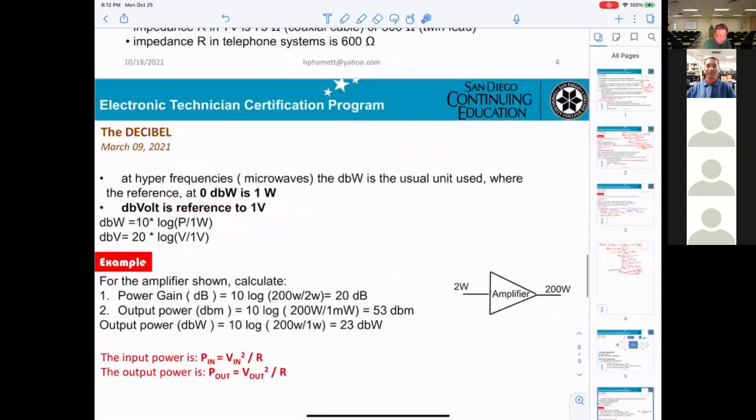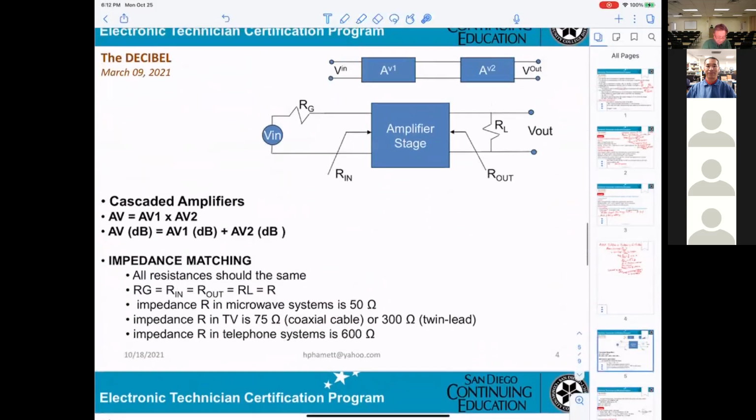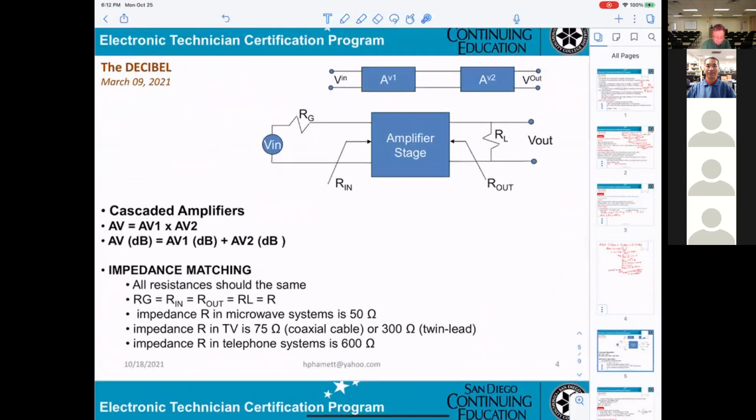Mr. Pham, hold on. Before, the one where you add and the one where you multiply, can you repeat that again? AV1, AV2. Okay, so AV1 you get 3, just numerical, and AV2 will be 5. If you want to calculate the total, it will be 3 times 5.